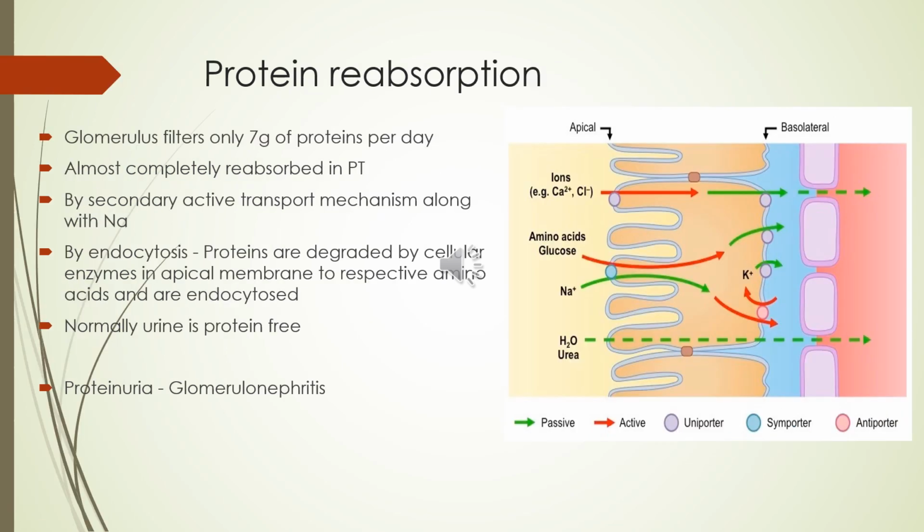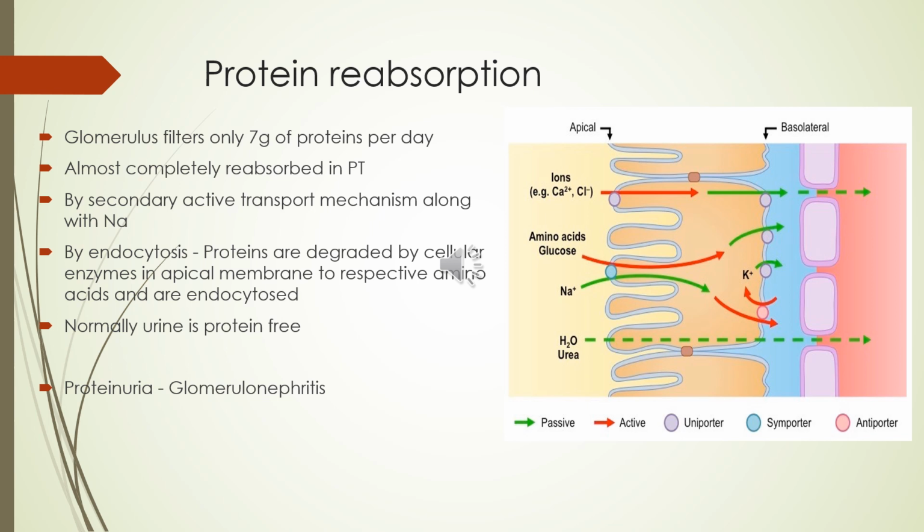Next is reabsorption of proteins in the proximal tubules. Only a very small quantity of proteins are filtered by the glomerulus. That's about 7 grams per day. And this much protein is almost completely reabsorbed in the proximal tubules.